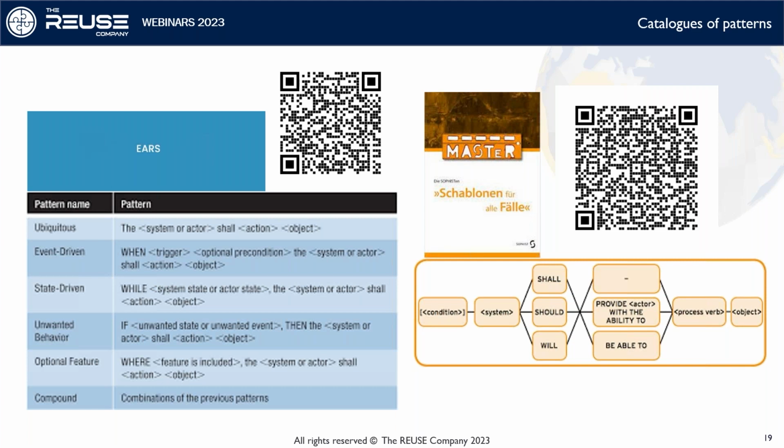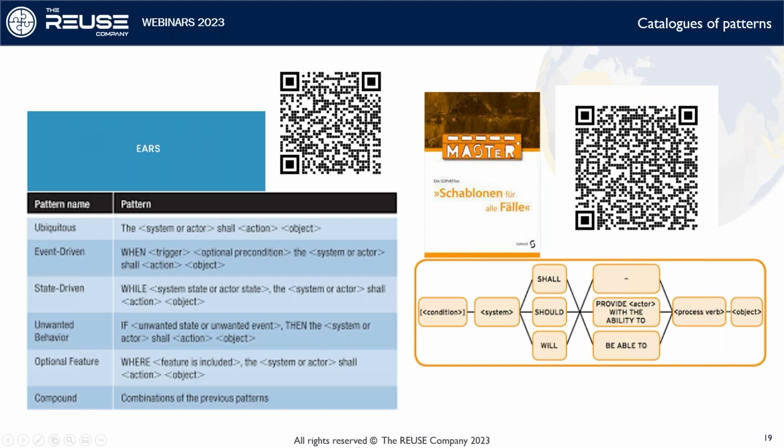According to Sophist, the second example, the master Sophist patterns, I like this other approach because it is a little bit more sophisticated and explained in detail, and with low-level structures for the patterns as well.